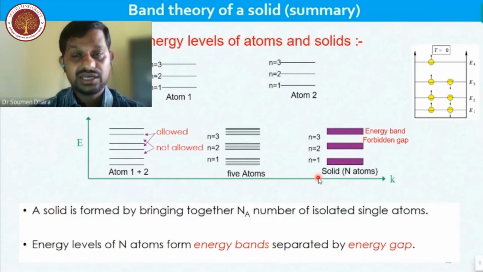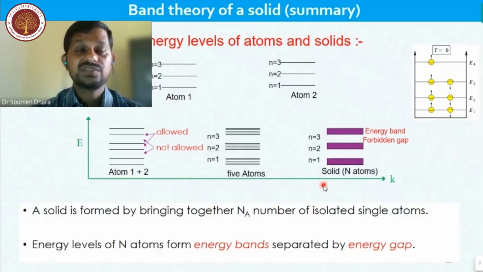So the interline gap is so small that instead of closely packed lines, what we usually observe are the energy bands for N number of energy levels. That will form an energy band for quantum number 1, again an energy band for quantum number 2, and an energy band for quantum number 3. So this is the real picture of the energy levels for a real solid which is made with Avogadro number of atoms.